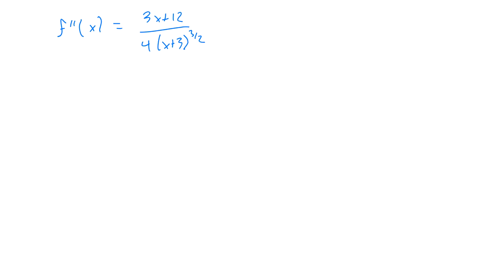Now notice that f double prime is undefined when x equals -3, because that gives us a 0 in the denominator. And f double prime equals 0 when the numerator is 0. So that's 3x + 12 = 0. So that's when x equals -4.